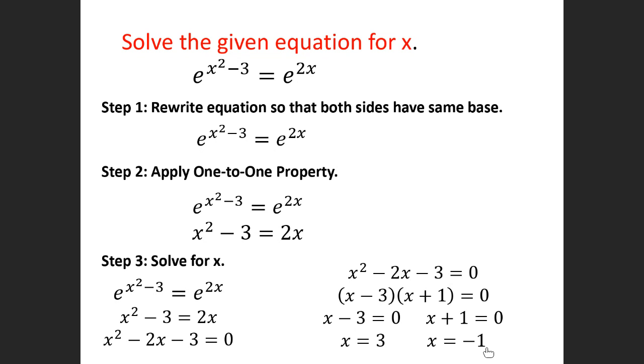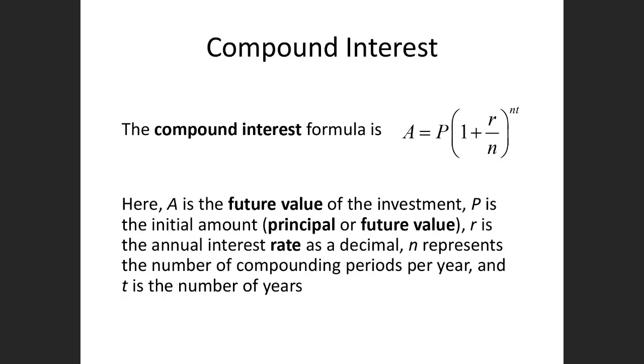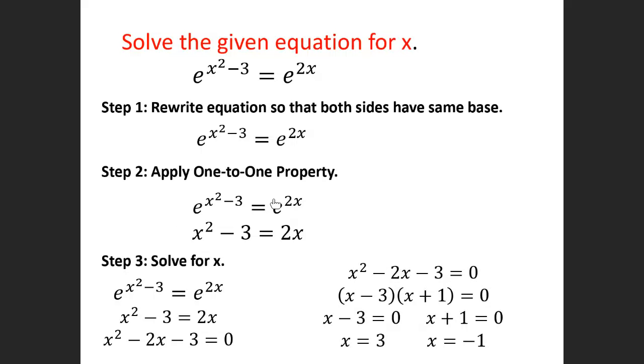But we always want to check our work. We want to make sure that the values we found are valid. So we would plug these values back in to see that we do get a match. All right, any questions before I move forward?